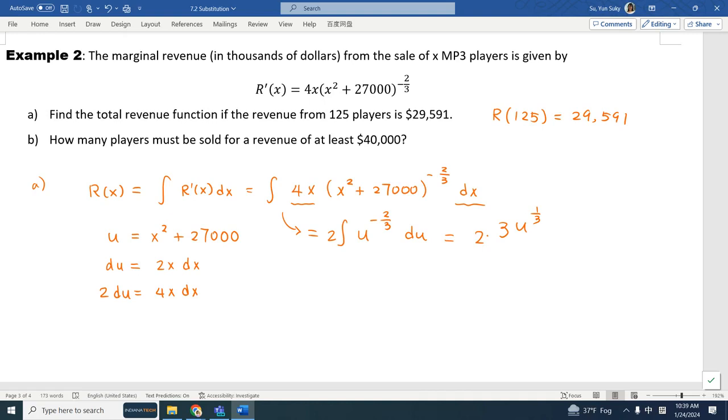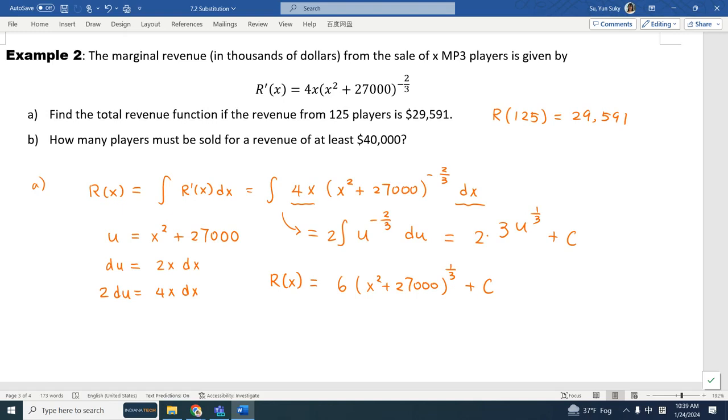Yes, everybody? Plus C. Okay, what's 2 times 3? 6. What is U? Yeah, x squared plus 27,000 to the 1/3, and then plus C. So this is R of x. Right, everybody?